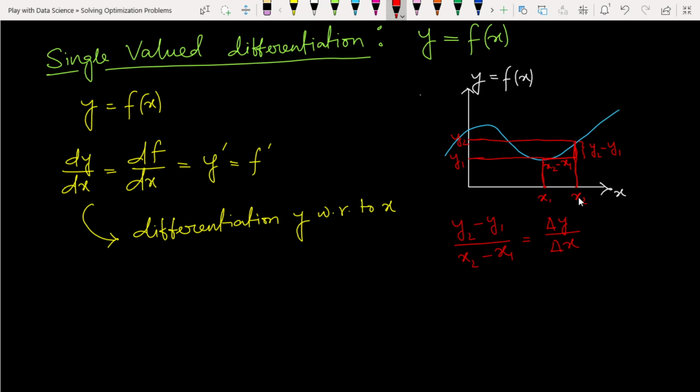Just see it: dy by dx, that is our height divided by this.